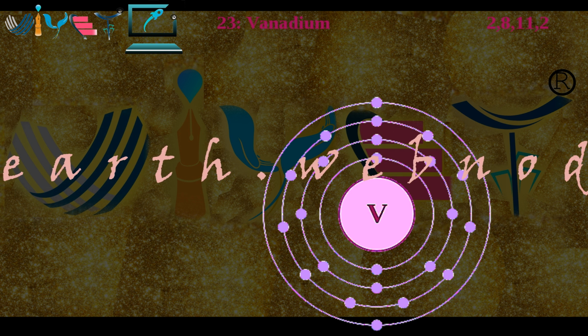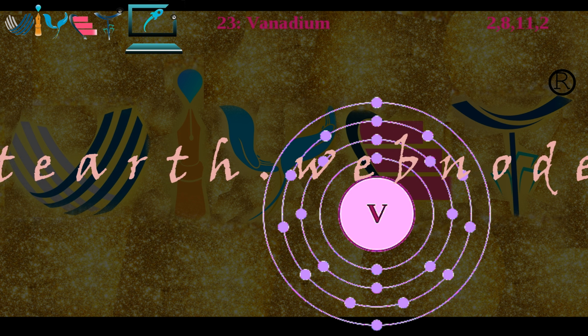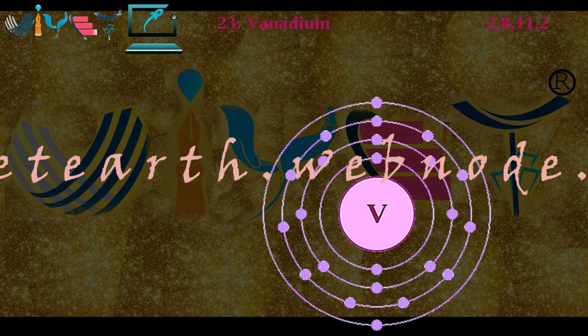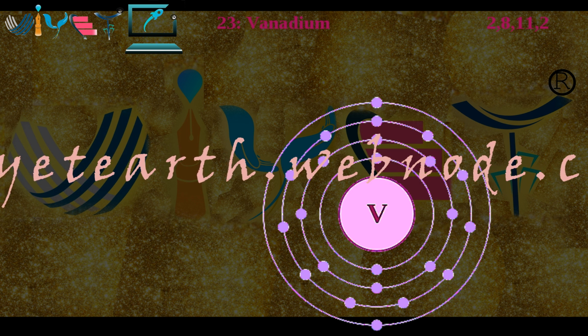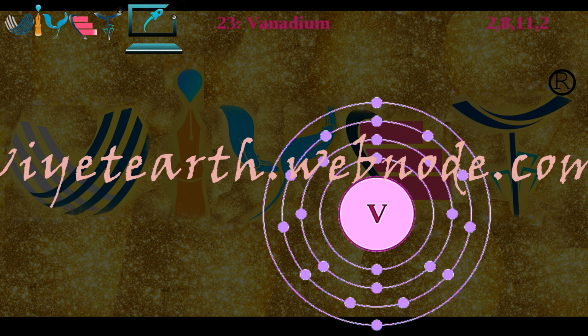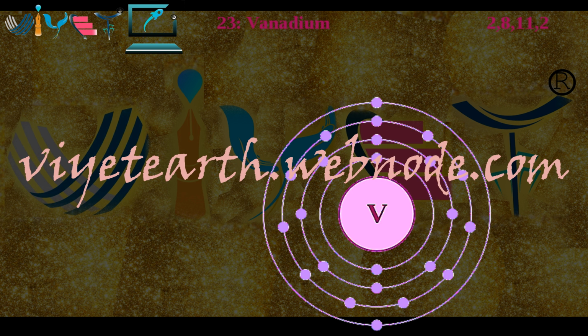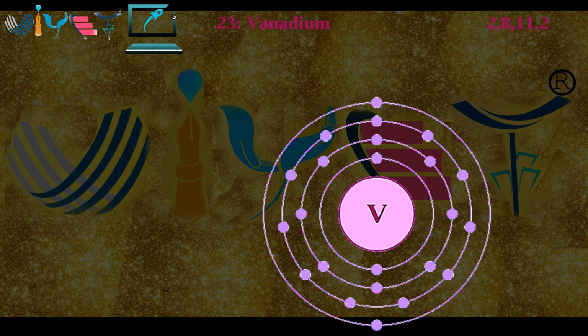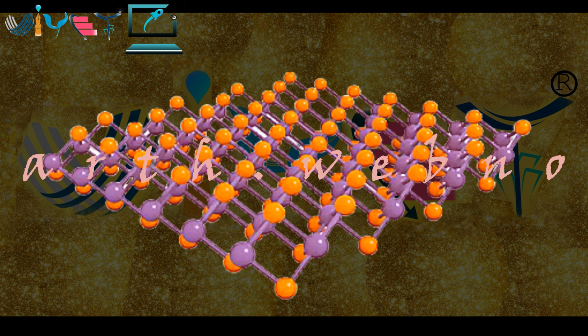This is the normal vanadium structure. You can see the neutrons, protons and electrons, and based on that we know the atomic number is 23. Now you can see here 2, 8, 11 and 2. So first is 2, then 8, then 11 and 2. This is the atomic structure.